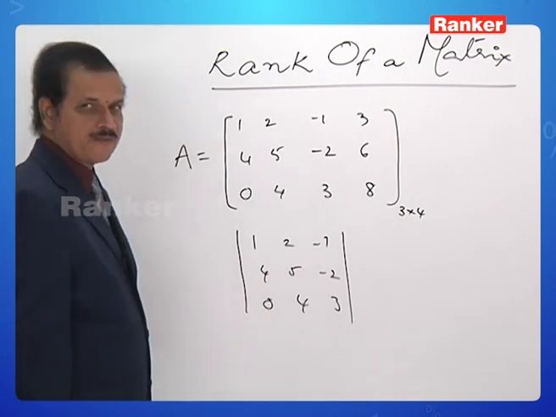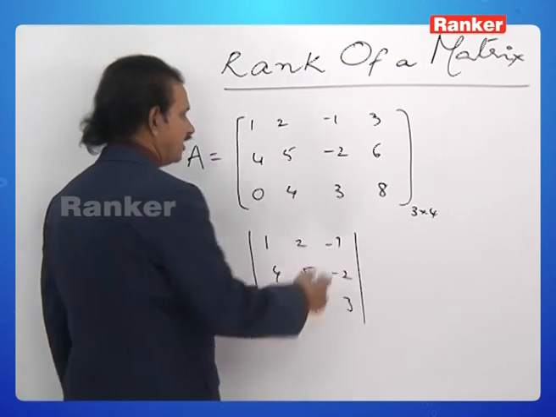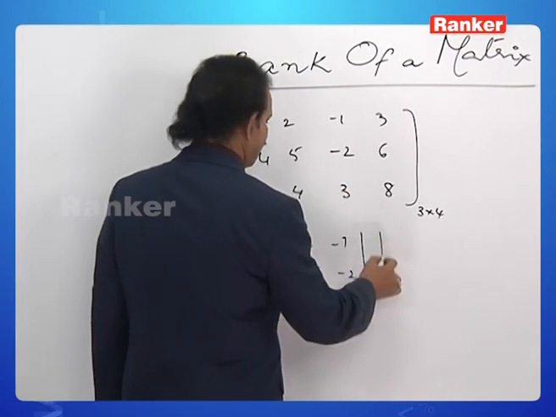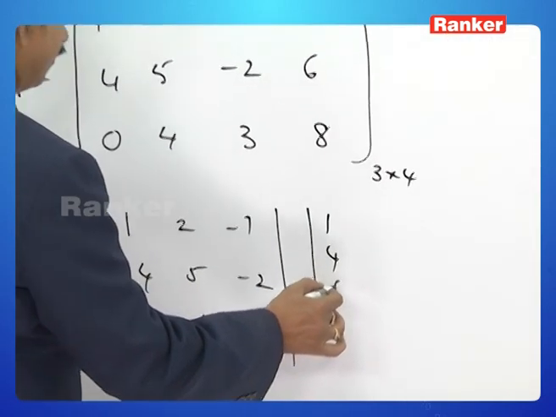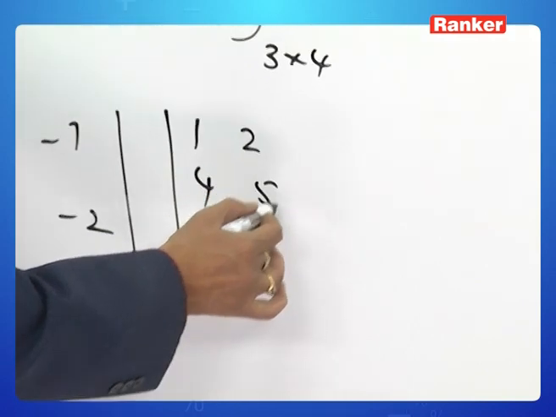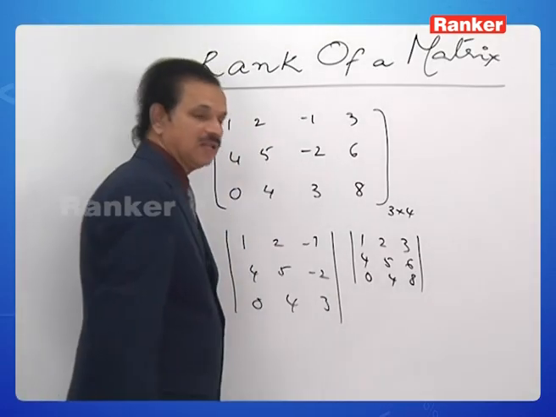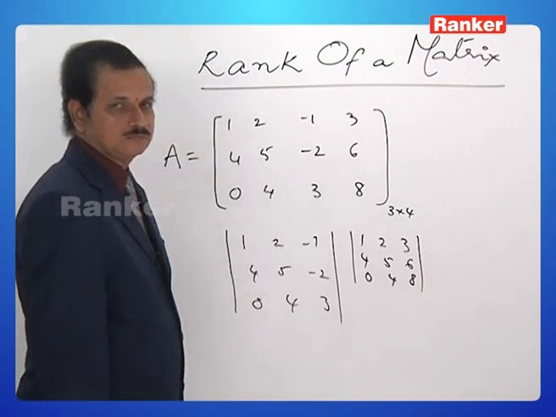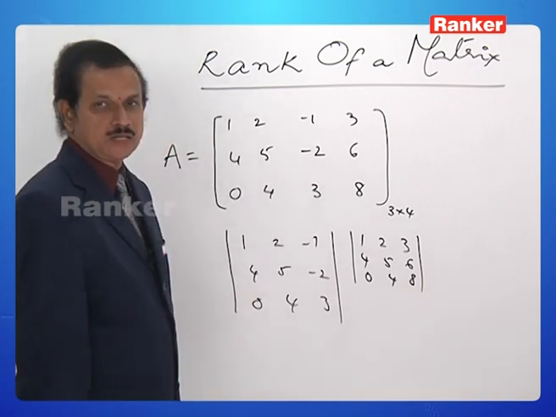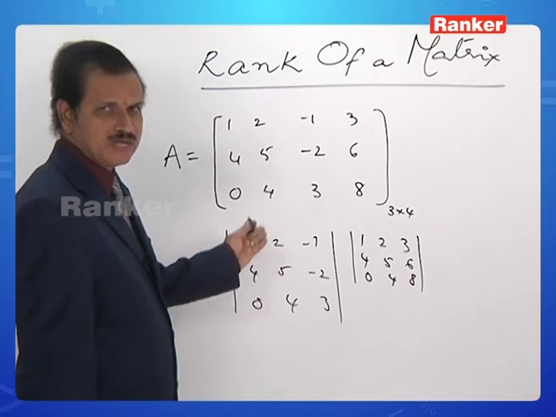Give me an example of another 3 by 3 minor in A. What is that? Let me delete the third column: 1, 4, 0; 2, 5, 4; 3, 6, 8. Another 3 by 3 minor. I want to have one more 3 by 3 minor. Can you? Why not? You delete now the second column.